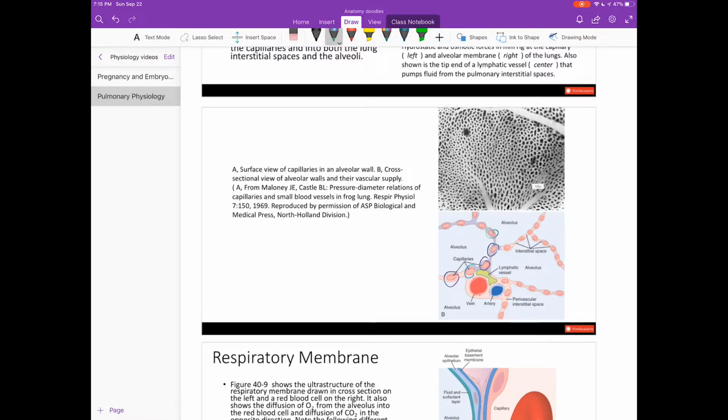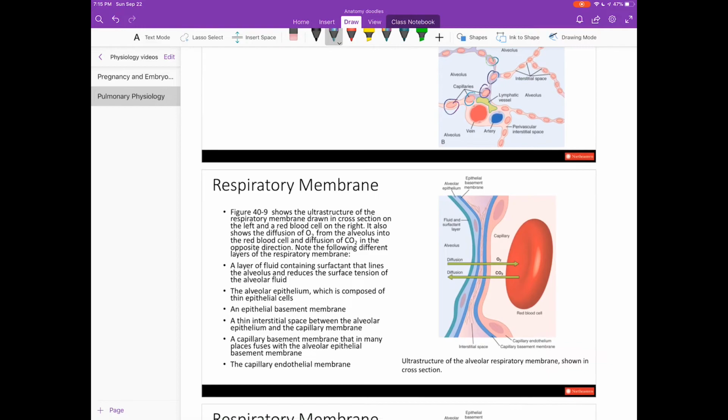But the bottom line is, if we take this image and bring it down to here, what we are looking at now is the respiratory membrane, which is comprised of a number of layers. Let's take it from the alveolus to the capillary. So the first layer we have is a fluid layer, and it's comprised of surfactant, which you might remember is produced by the type 2 alveolar cells.